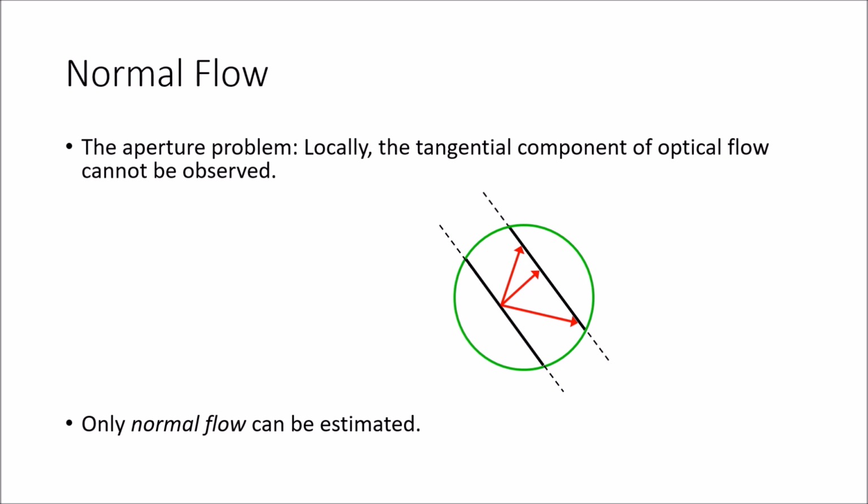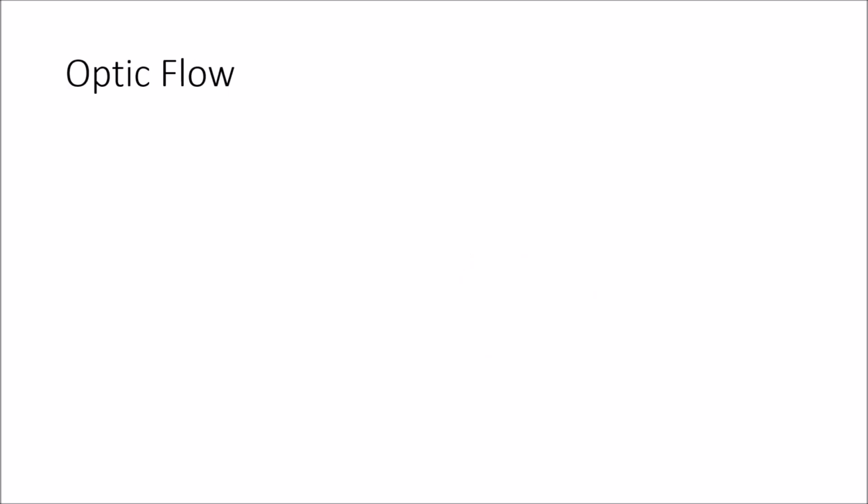This is because in a very small neighborhood, which is like looking through a small aperture, there usually is only one dominant texture direction present. In order to compute optical flow, we then have to impose in a small neighborhood smoothness constraints. The very simplest constraint is to say that the flow is constant.